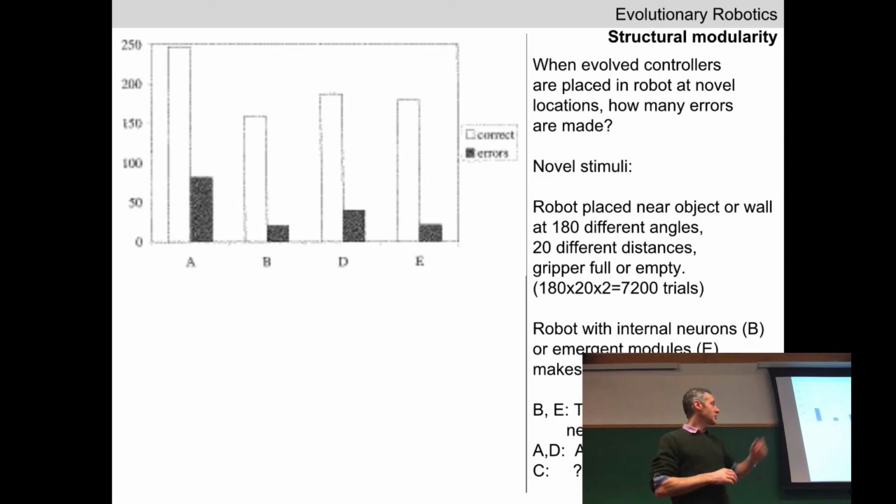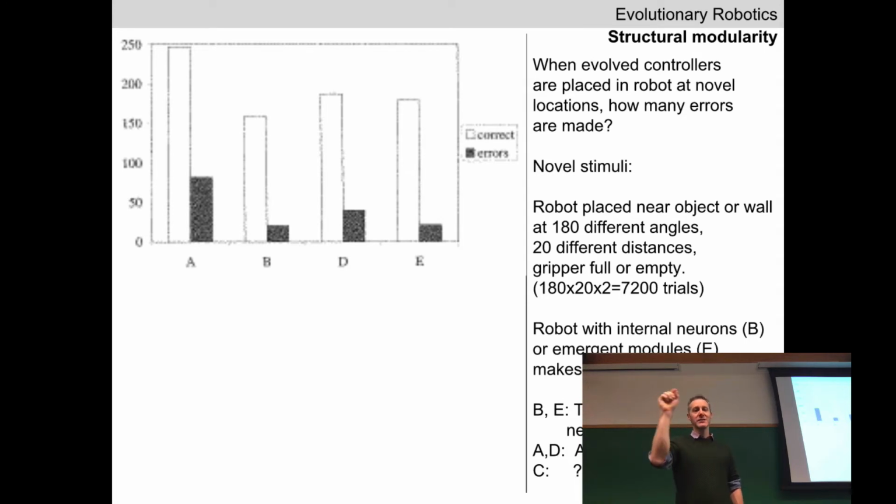They did a total of 7,200 trials of novel things, and what did they do? Well, they took the robot, they put it at 20 different distances from either an object or the wall, and they set the robot down at 180 different orientations.